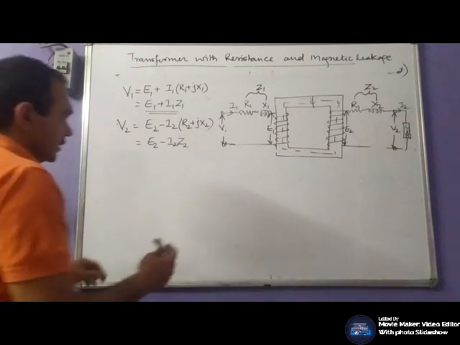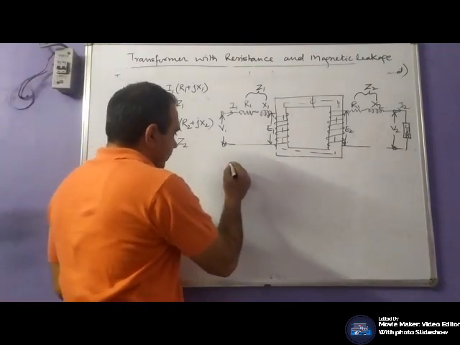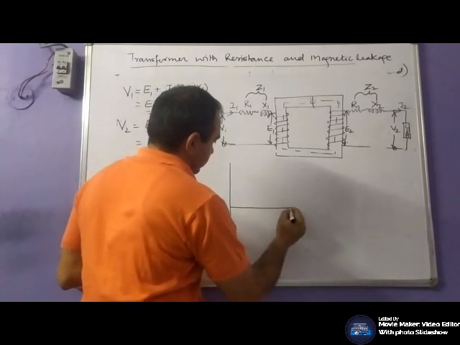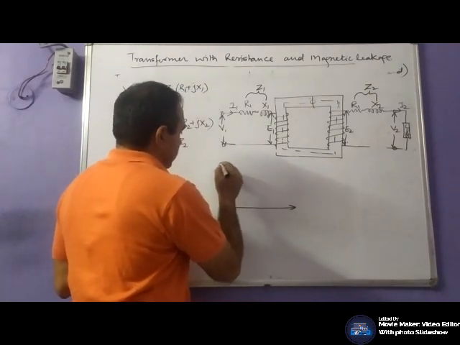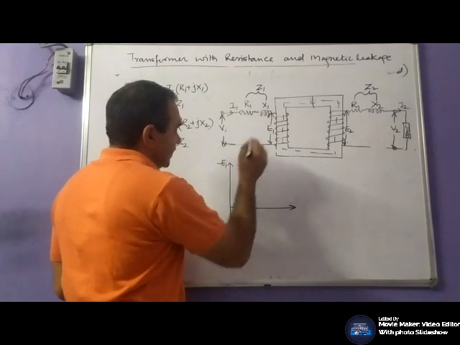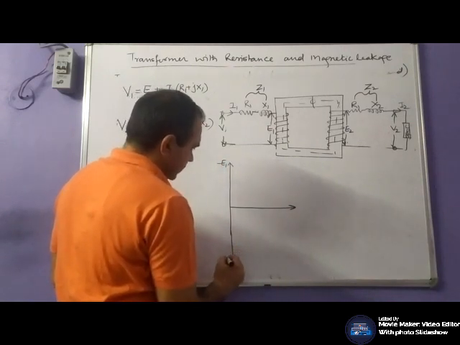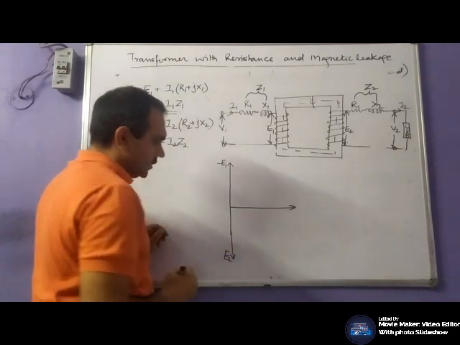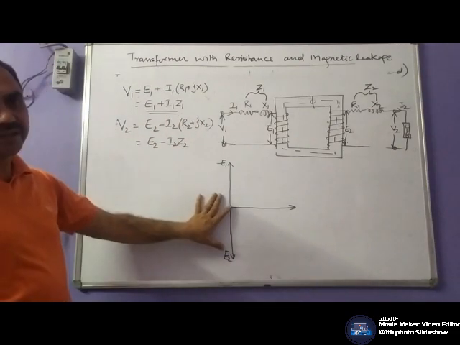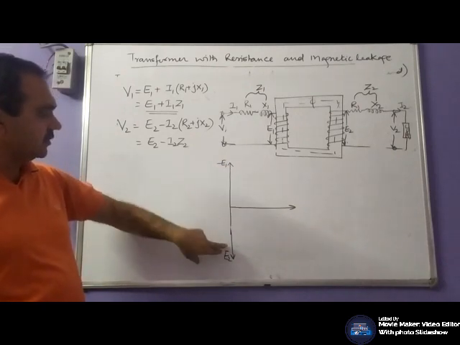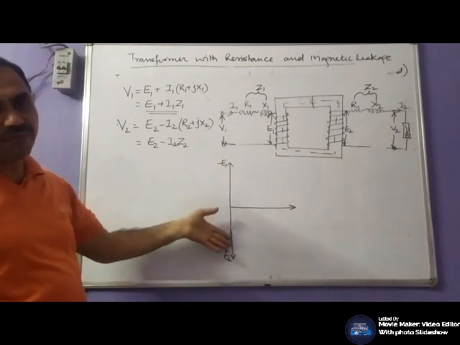So the first part of drawing the phasor diagram remains the same, because E1 and E2 would be in the same phase. Minus E1 would be in phase opposition to E1.